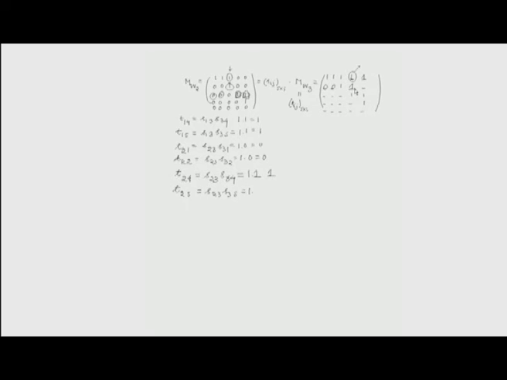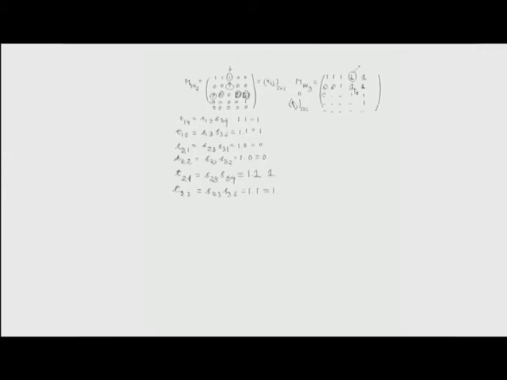S35 is this guy and this is also 1. Therefore, you have got 1 over here. So, you have got 1 over here, and again we now look at the remaining elements. Remaining are the remaining dashes, small dashes. So, what is this one?